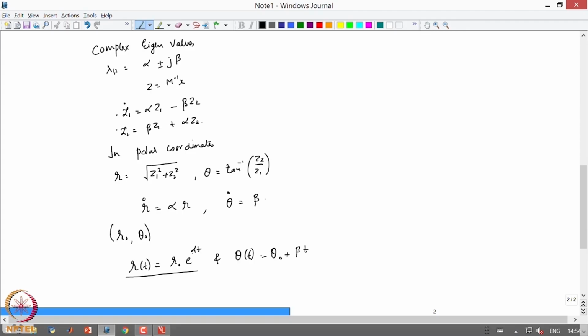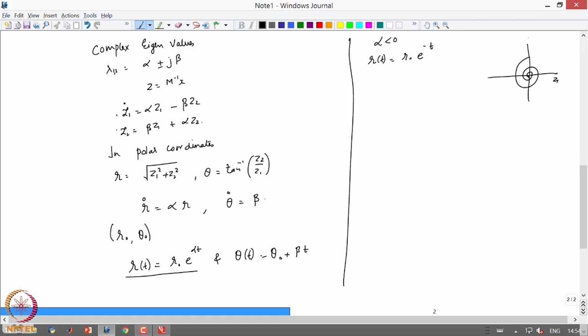So what happens to the radius when alpha is less than 0? I have r of t is r 0 e power minus t, say alpha is minus 1. This will mean that in my z1 z2 plane, my trajectories will just spiral to the origin, say maybe in this way.